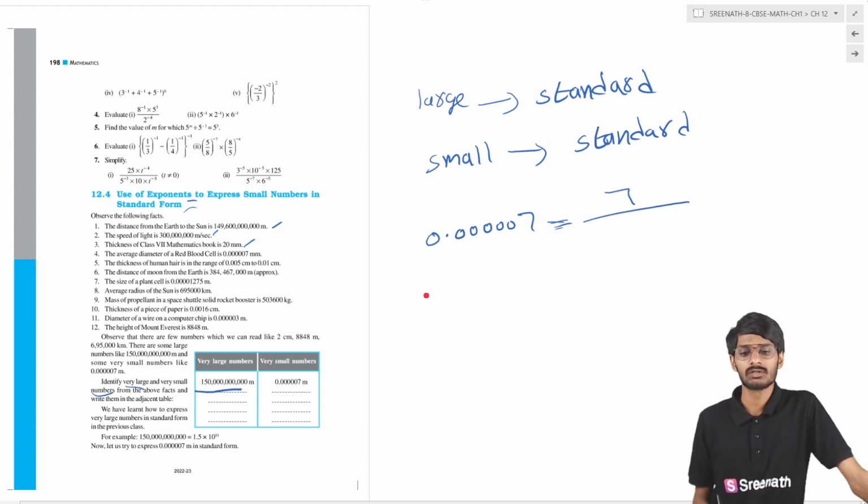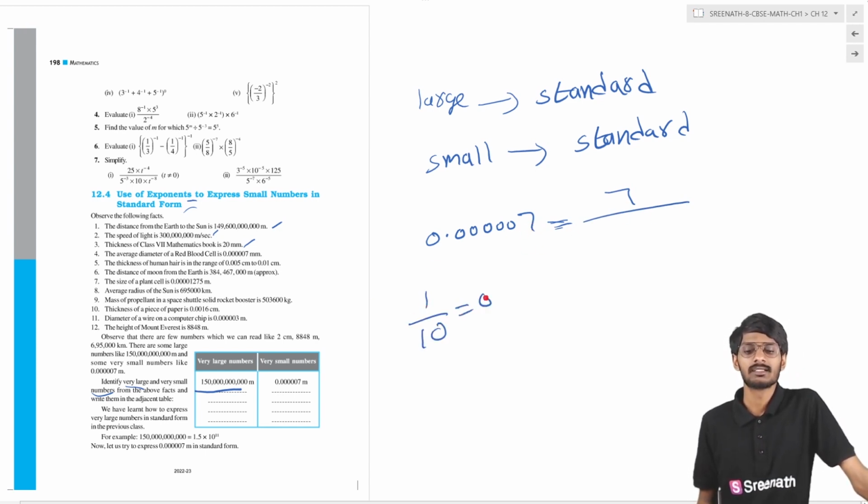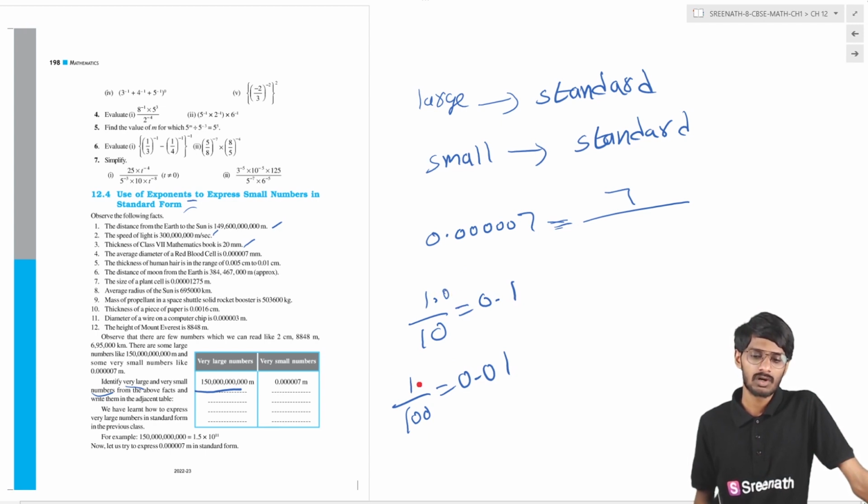So we know 1 by 10 is how much? That is 0.1. 1 by 100 is how much? That is 0.01. So by observing this, 0.1 becomes 1, which means 1.0. Here also 1.0. So basically when 0.1 is converting into 1.0, what happens?